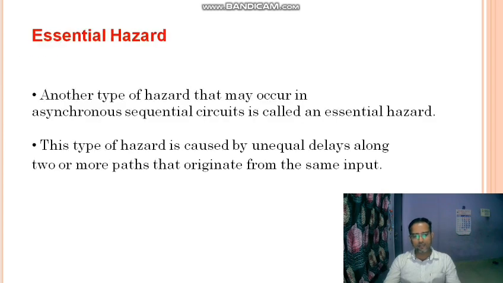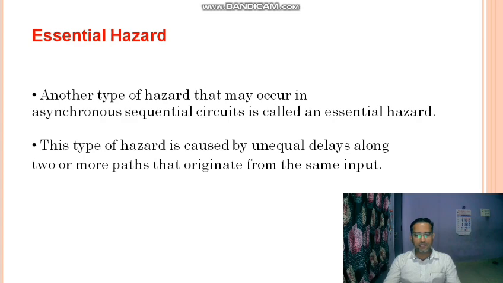The next and final one is the essential hazard. It is the most important hazard. It is relevant in asynchronous sequential circuits. It is another type of hazard that may occur in ECE circuits, called an essential hazard. What is an essential hazard? It is a type of hazard caused by unequal delays along 2 or more paths that originate from the same input.